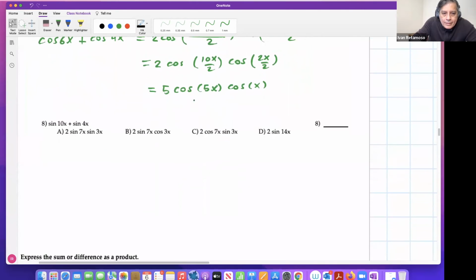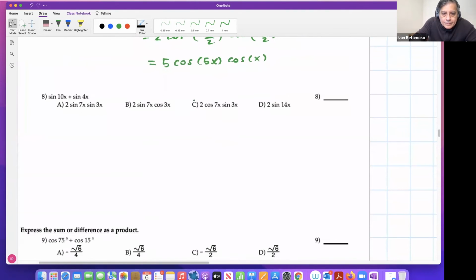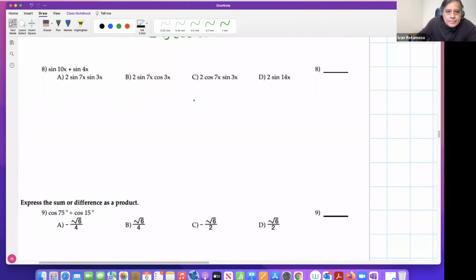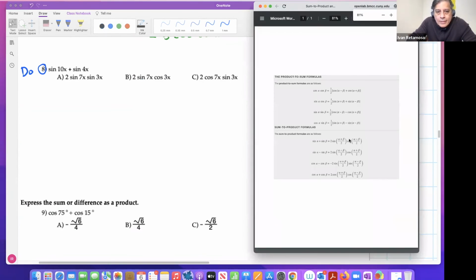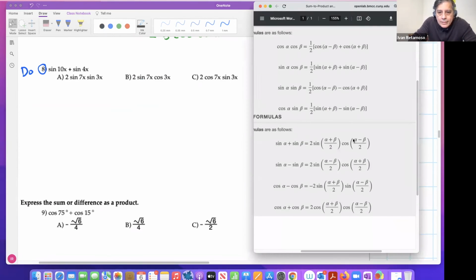Now, there is another one here. Can you practice on this? Do this. It will help in your homework. It will help you with your final exam too, okay? Yes, number 8.